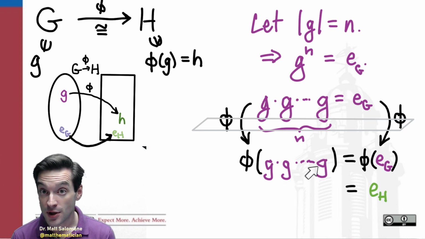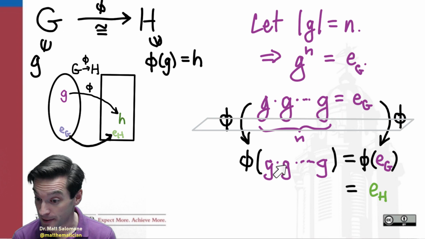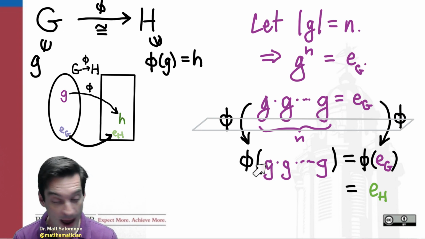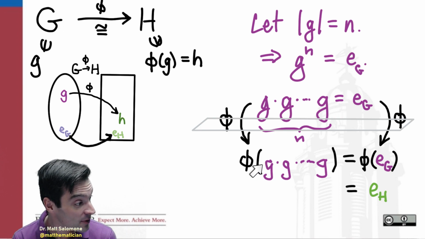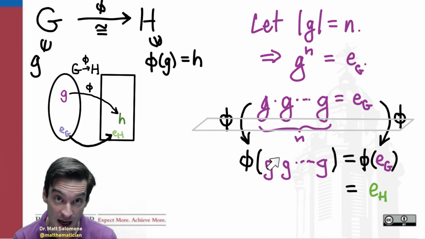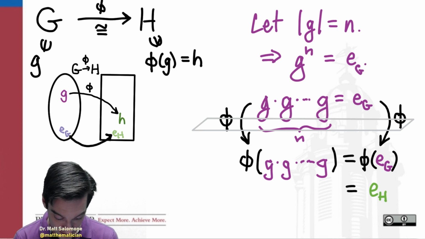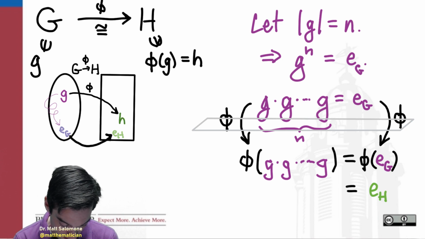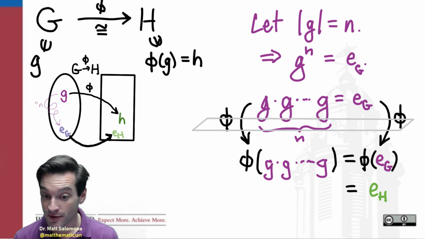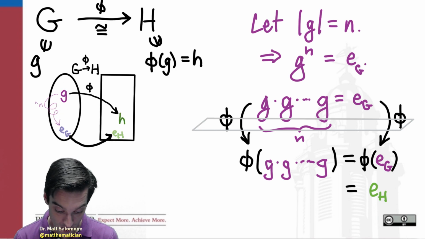Well, now again, we can use the homomorphism property to tell me what's going to happen over here. Because this phi has the homomorphism property, that tells me that phi of g times g is going to be phi of g times phi of g. Instead of doing all the multiplications of g with itself to give me the identity over in my group G on the left, so think of this as multiplying g by itself n times is going to give me the identity element, instead of doing that operation in G, because phi is a homomorphism, I can choose to do it over in H instead with the images.